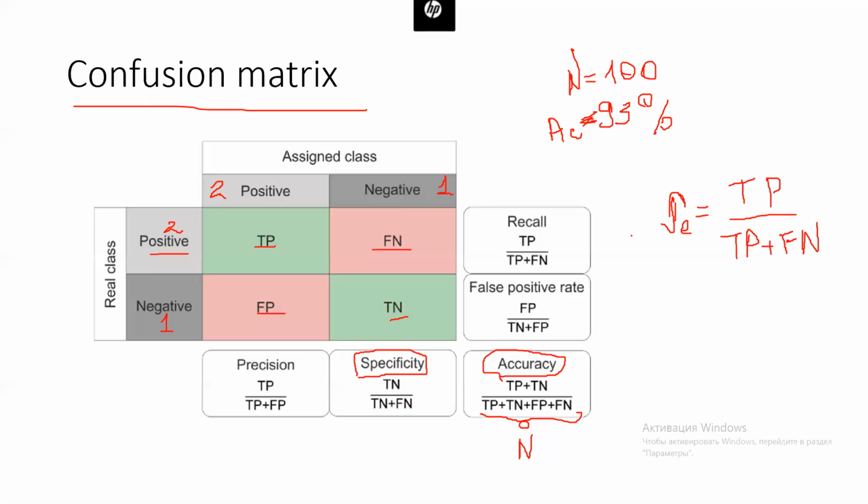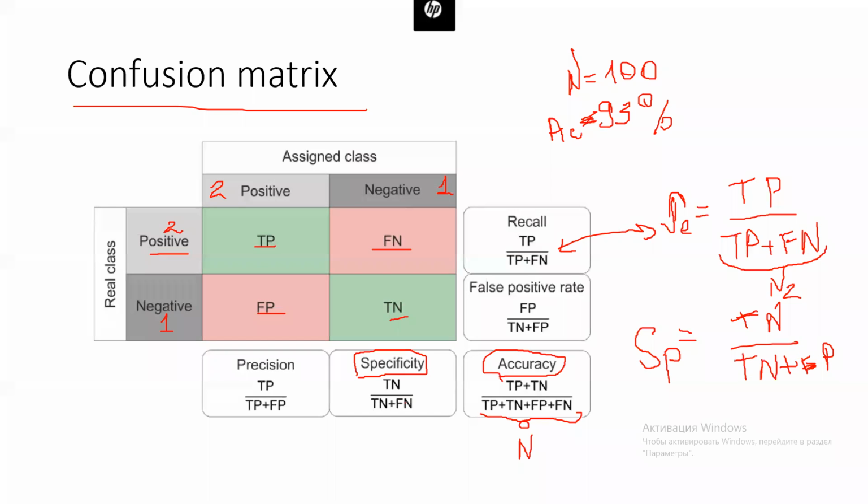In this case, it's called recall. This value is relative to the number of observations from the second class. And specificity is equal to true negative divided by true negative plus false positive. It will be the number of patients from the first class.